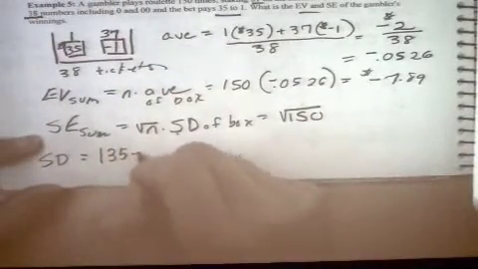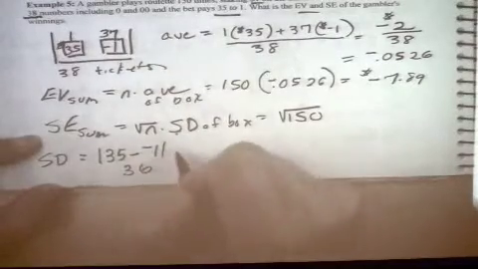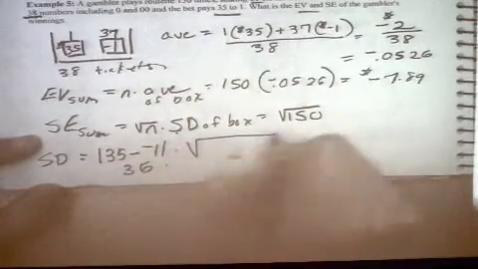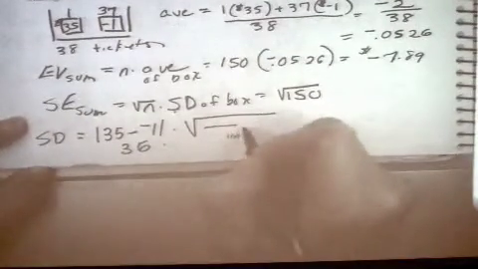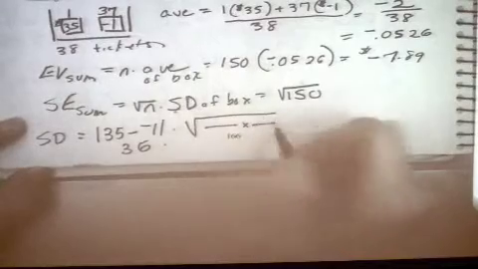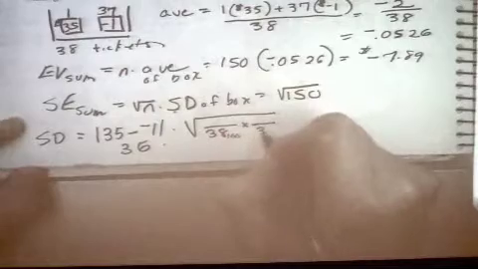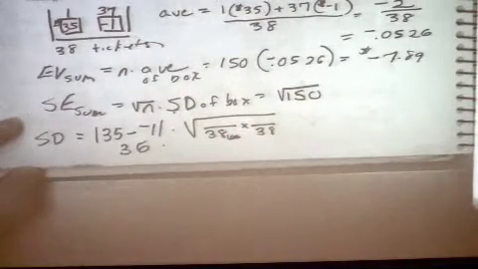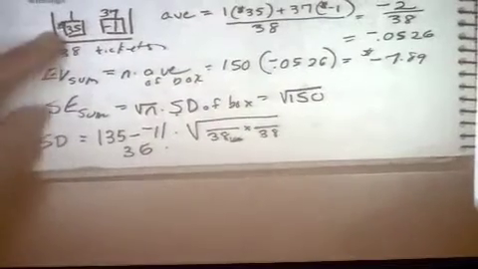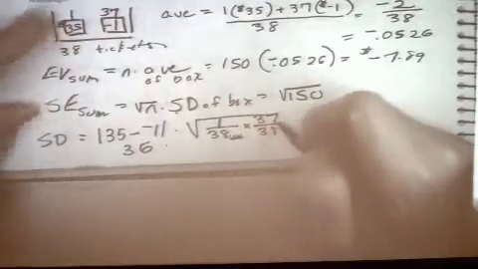So that's 35 minus negative 1, that's 36, times the square root of the fraction of the tickets that have one number on them times the fraction that have the other. Well, we have 38 tickets in the box, so that'll be our denominator. It doesn't matter which, 1 out of 38 times 37 out of 38.